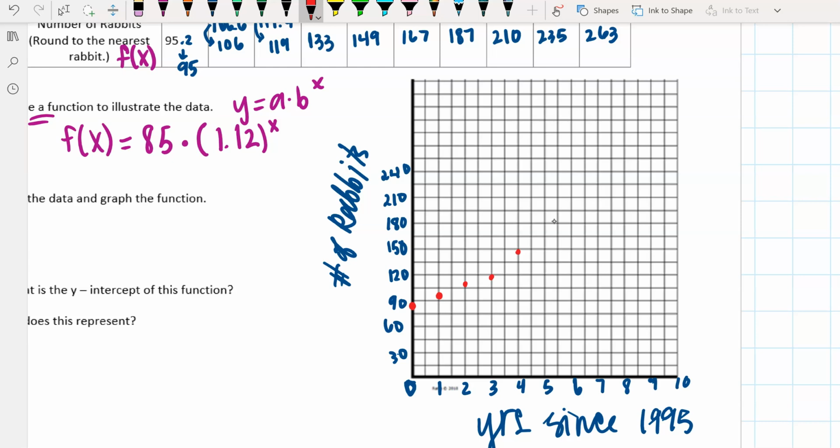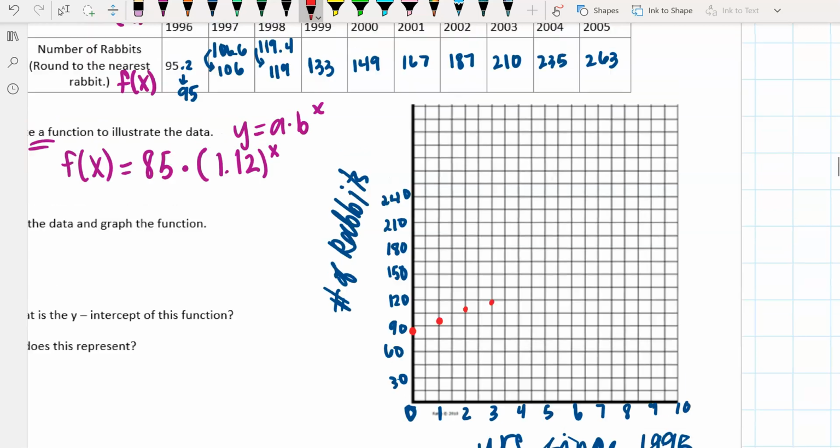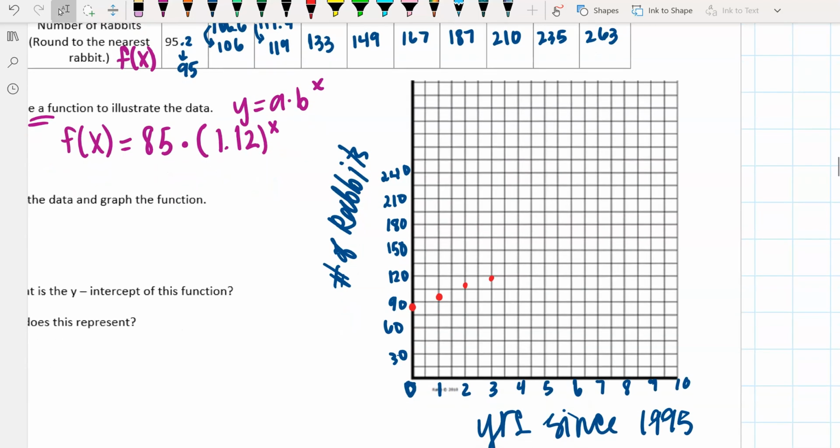5 we had, oh no, I skipped one, I'm sorry. So 4 was 133. That's my fault. So right in here. 5 was 149. Okay, so that can go back where it was. 6 we said was 167.